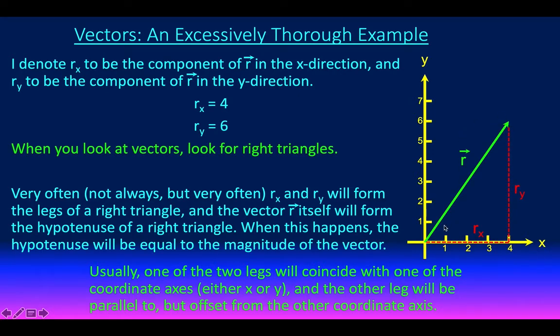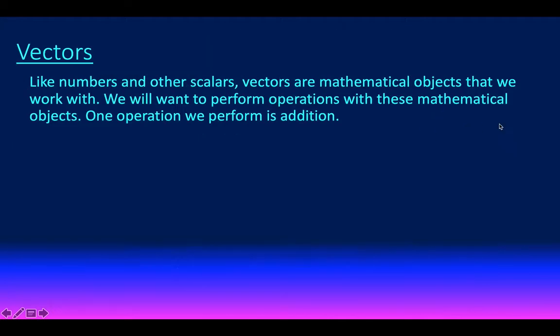If instead I were to draw this right triangle something like this, I could say then our y would be coinciding with the y-axis and our x lies parallel to the x-axis but shifted upward by some amount.